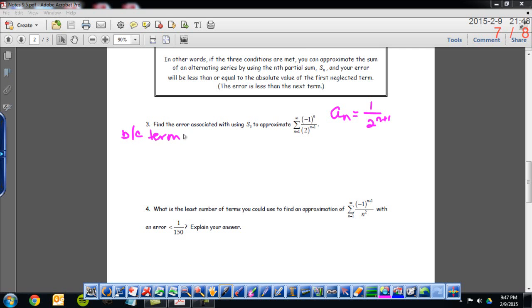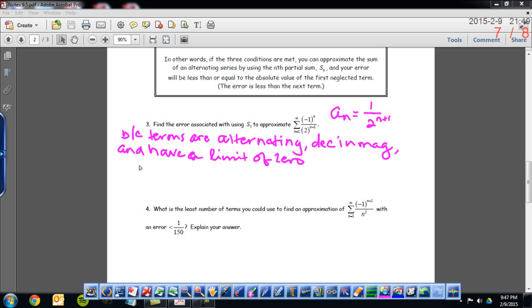So you can just say, because your terms are alternating, decreasing in magnitude, and have a limit of 0, then the actual sum minus S sub 5 will be less than the first neglected term.